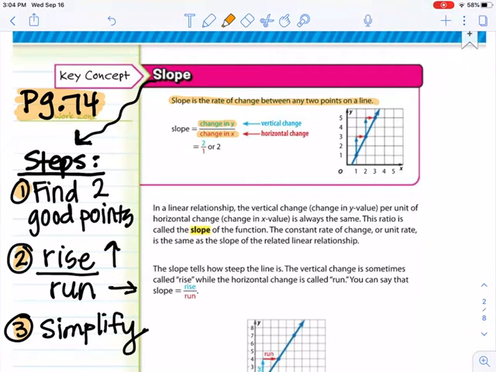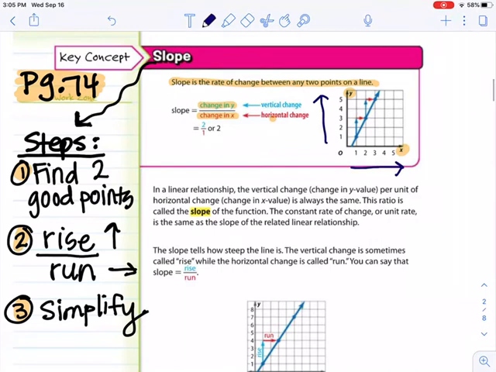Change in y is your vertical change, because y is our up and down axis. And x is our horizontal change because x is our side to side axis. So y is how far it goes up, and x is how far it goes to the side.